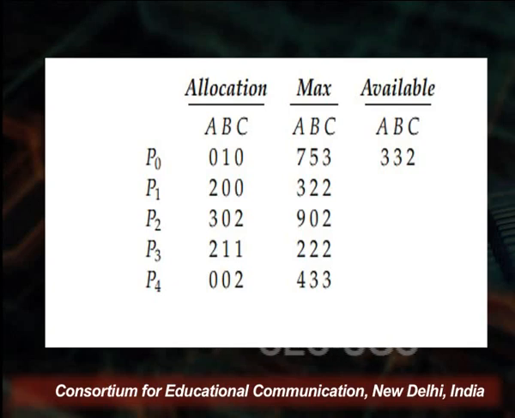For example, P0 is presently allocated 1 instance of B. P1 is currently allocated 2 instances of A. P2 has 3 instances of A and 2 instances of C. Similarly, P3 has 2, 1, 1, and P4 has only 2 instances of resource type C.